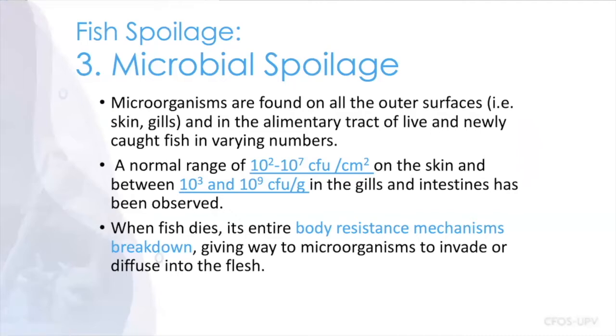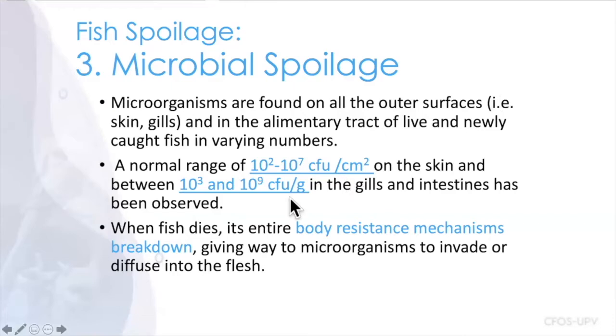Can you still follow, guys? So for the microbial spoilage, no, we know that fish has microorganisms found on all the outer surfaces of its body, no. And it also has microorganisms in its alimentary tract.